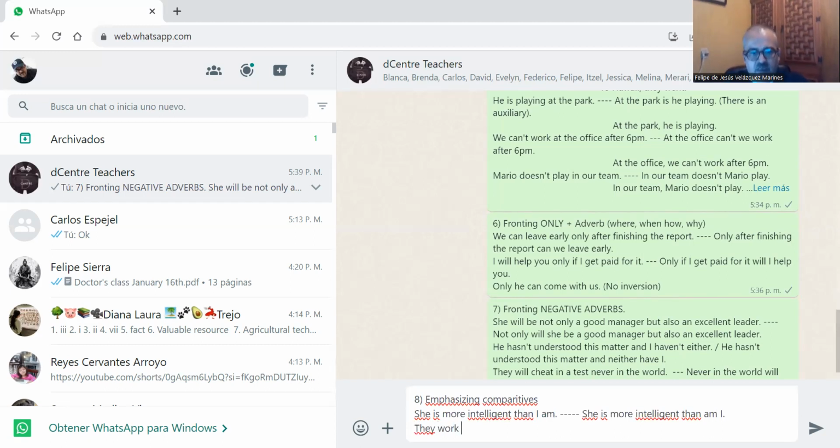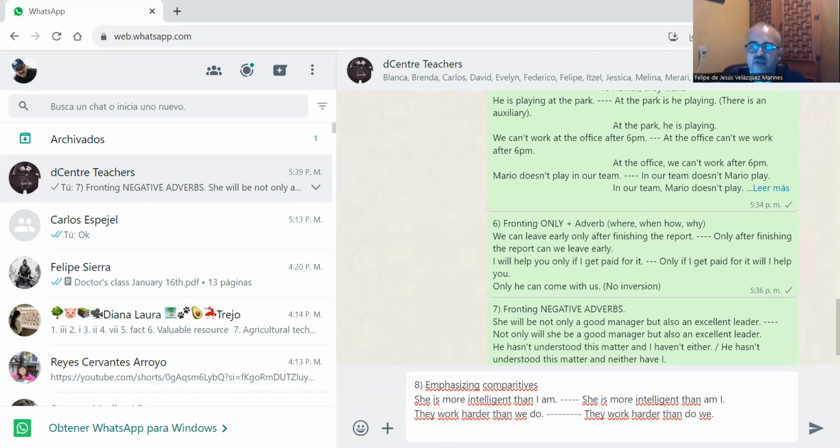They work harder than they do. No, than we do. They work harder than we do. Yes, and then you say they work harder than do we. Okay, so we can also use less. That book is less expensive than this one was.